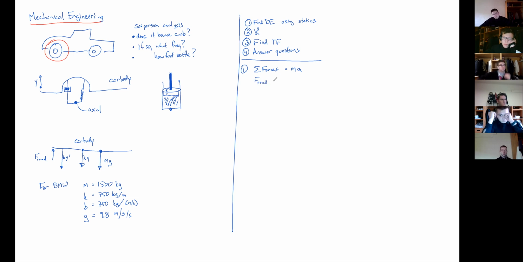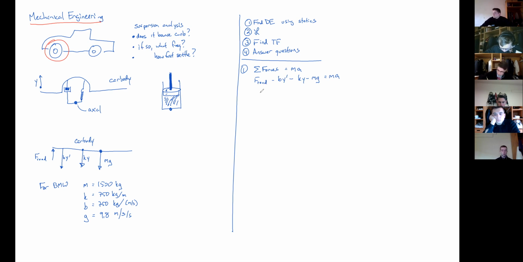We'll subtract from it the dashpot force, the spring constant force, and the gravitational force, which is all pushing down, and all that has to end up equaling mass times acceleration.